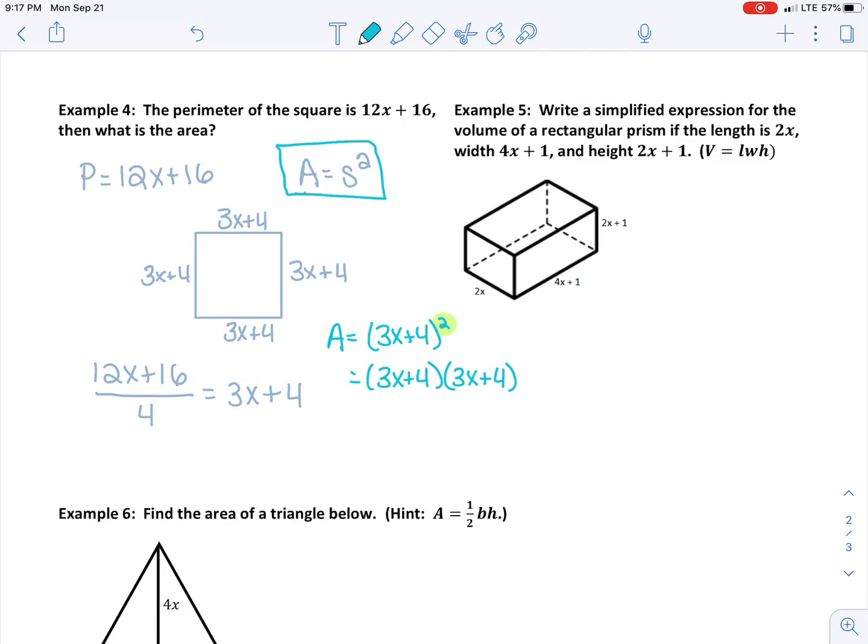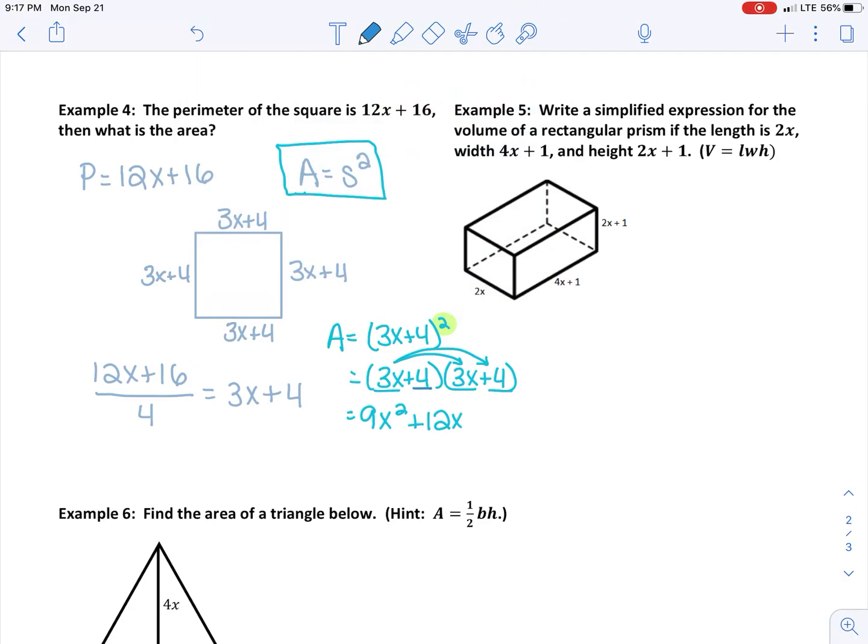Okay, and whenever I do this, now I can go ahead and multiply everything in my first set of parentheses by everything in the second set. So I'm going to take this 3x and multiply it by everything in the second set. So 3x times 3x gives me 9x squared. 3x times 4 gives me 12x.